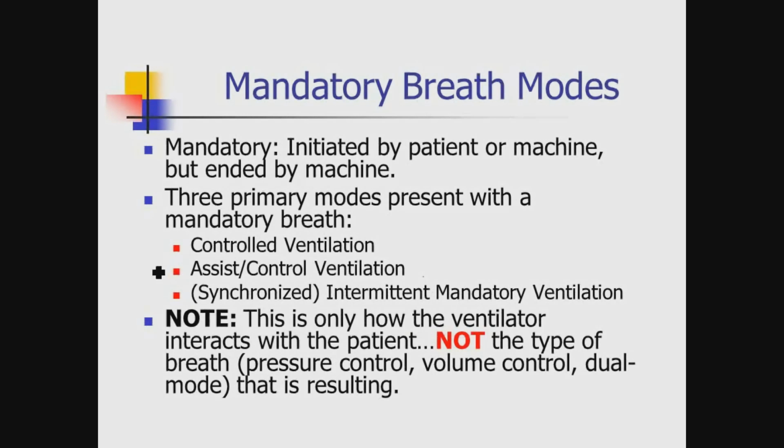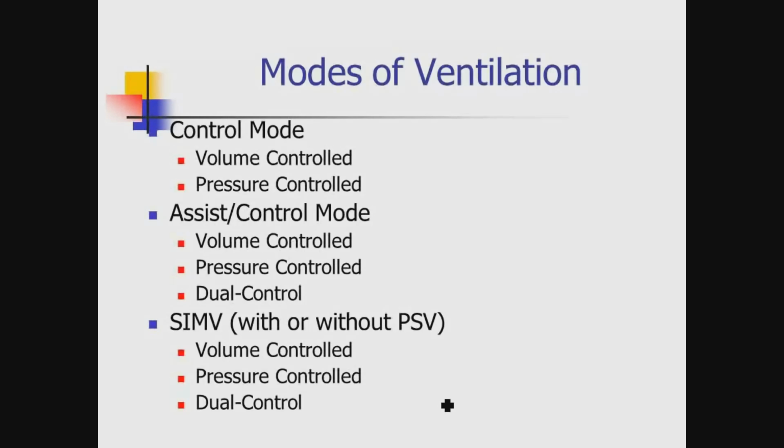There are 3 primary types of mandatory breaths that can happen. We're going to call them controlled, assist control, and intermittent mandatory ventilation, or IMV. This is how the ventilator interacts with the patient, not what goes on during the breath, not what type of mandatory breath it is. It's just that it's a mandatory mode.